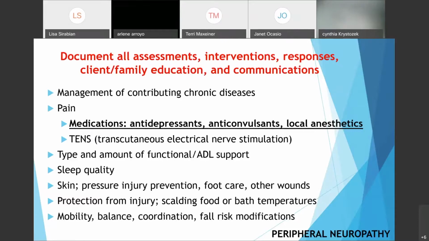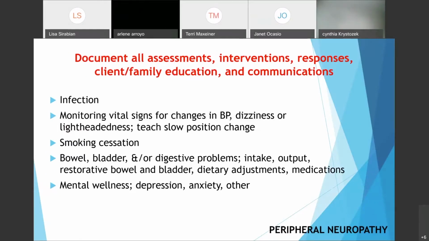So, scalding, bath temperatures, and mobility, balance, coordination in all of our fall risk modifications. Infection prevention is important. Monitoring vital signs and changes in blood pressure, so dizziness, lightheadedness. Education here for slow position change. Stop smoking, bowel, bladder, digestive issues, and mental wellness, depression, anxiety, and other.